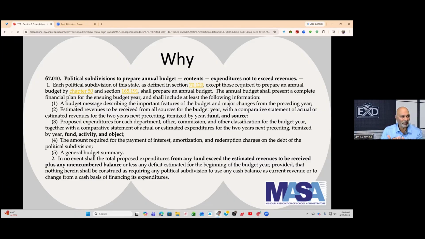So when you're talking about revenues, you're going to need at a minimum level your local, county, state, federal sources going down, and going across, you're going to need it split by the 4 funds. And then when you get down into expenditures, you need to understand fund, activity, object, some of those things. So that's the actual statutory language for what your budget needs.